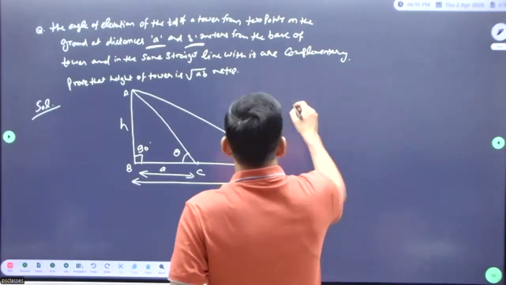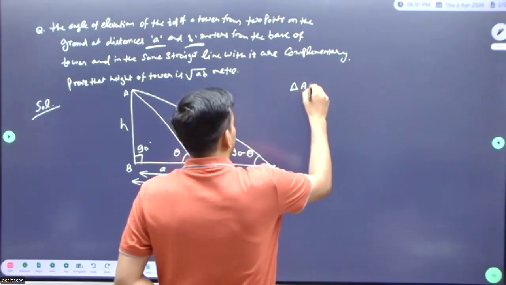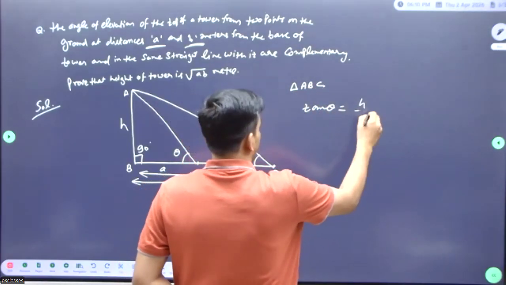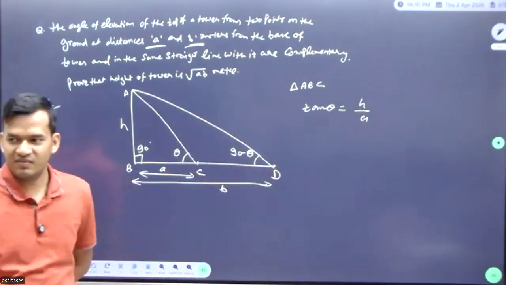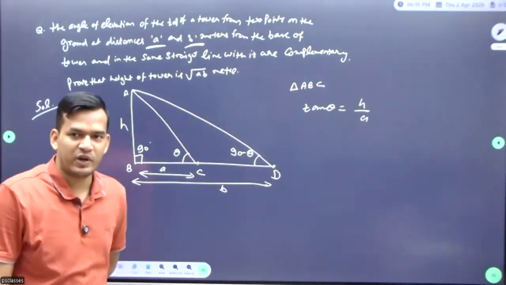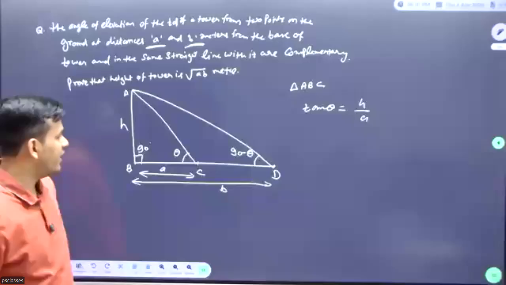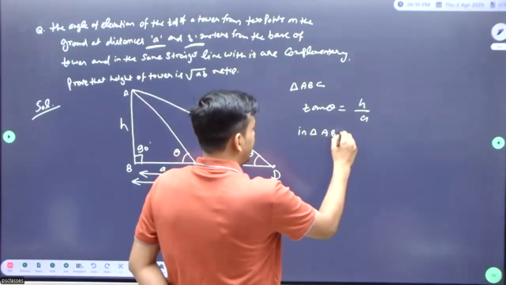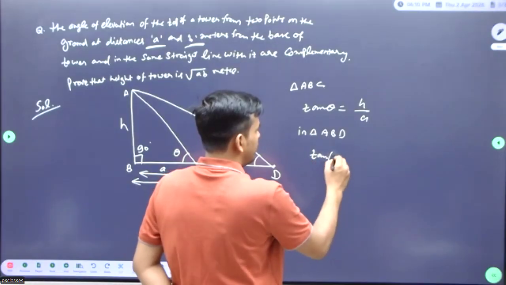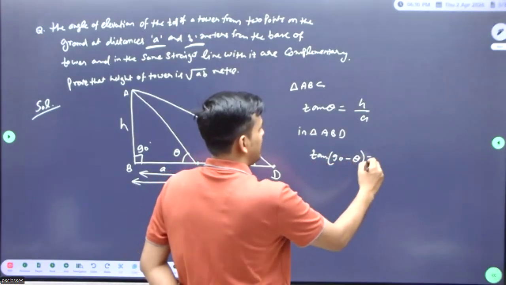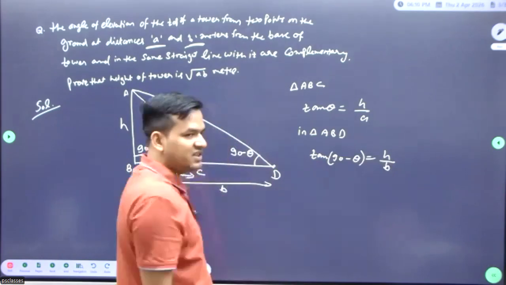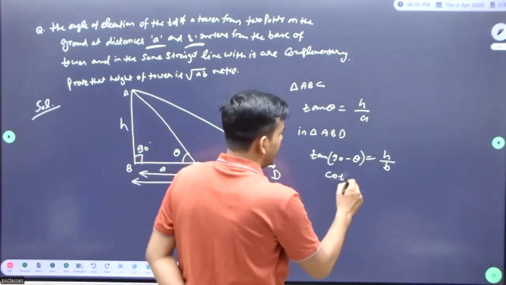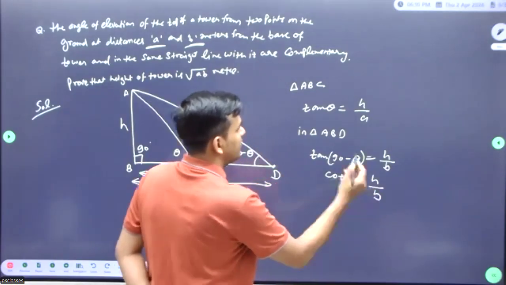So from the triangle ABC, you can write tan theta is equal to perpendicular by base, that is h by a. Got it? Tan theta is equal to h by a. In triangle ABD, you'll get tan 90 minus theta is equal to h by b. Tan 90 minus theta is cot theta. So cot theta is equal to h upon b.